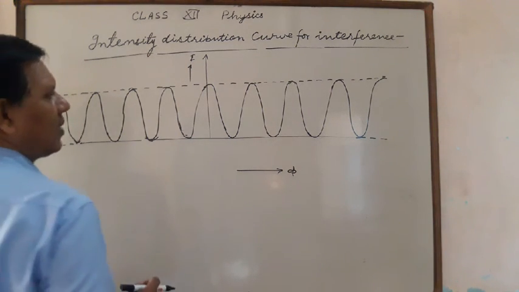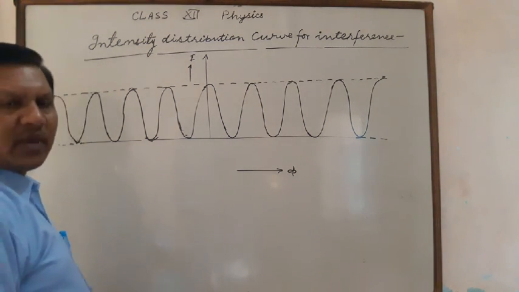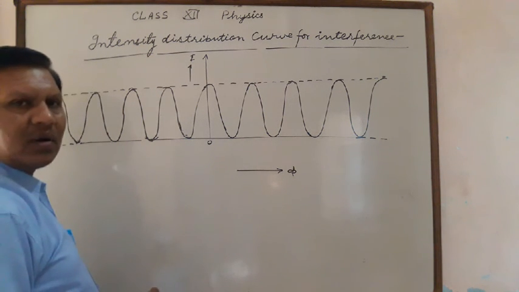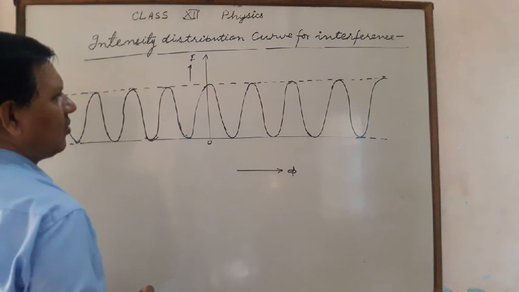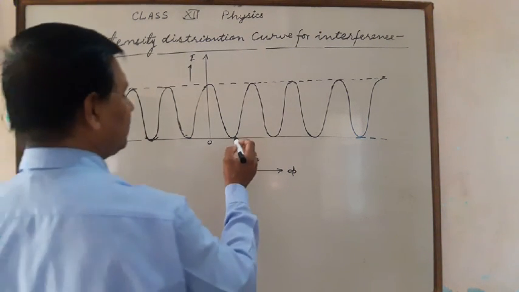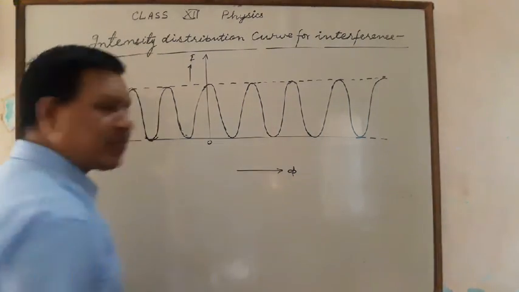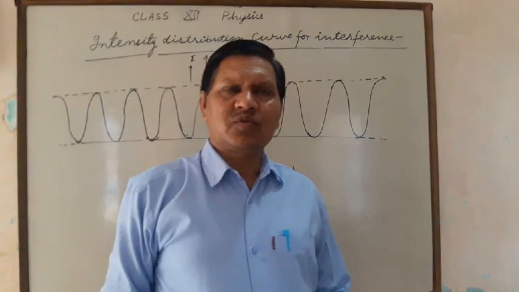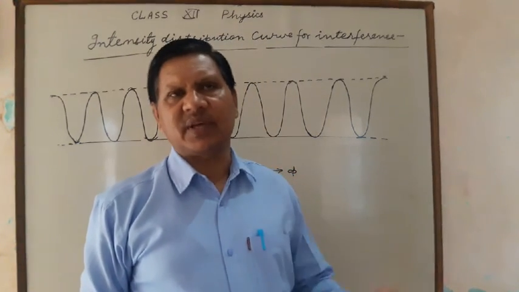Here we see that at points where the phase difference between waves becomes either zero or a perfect integral multiple of 2 pi, that is 0, 2 pi, 4 pi, 6 pi, the waves are superposed in same phase.